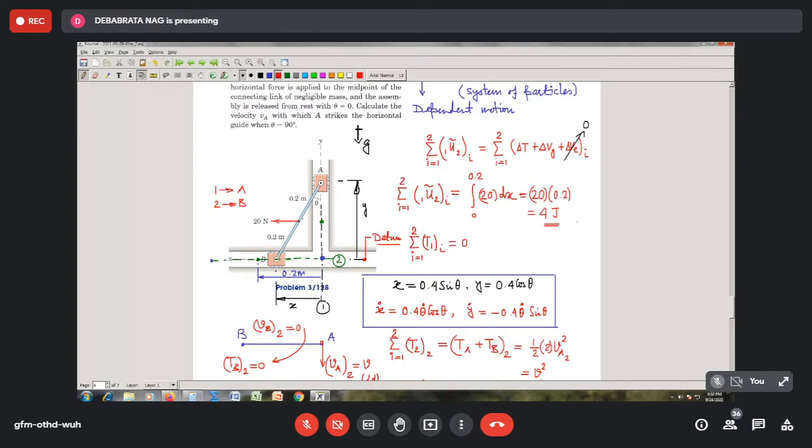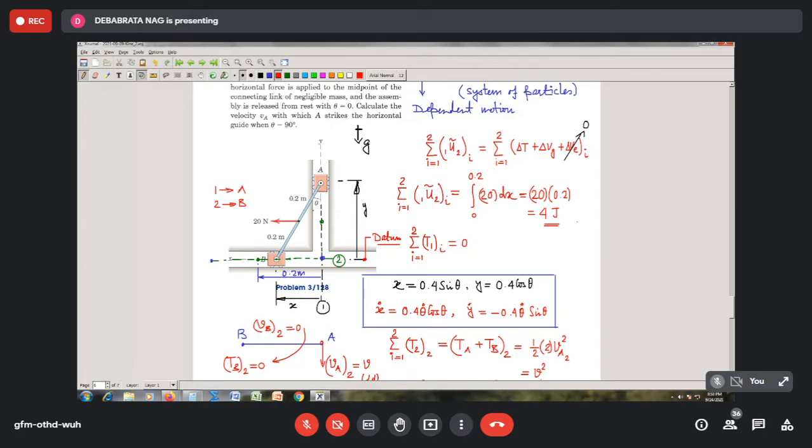However, in this case it is true. Therefore, the work done by the internal force developed in the rod AB is not going to contribute anything in my work equation. That is observation number 1.